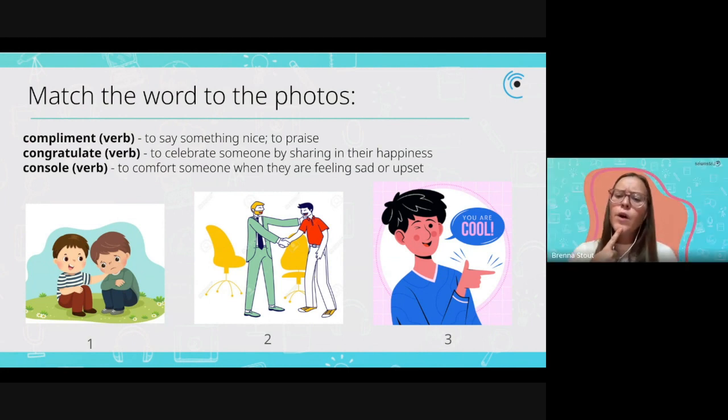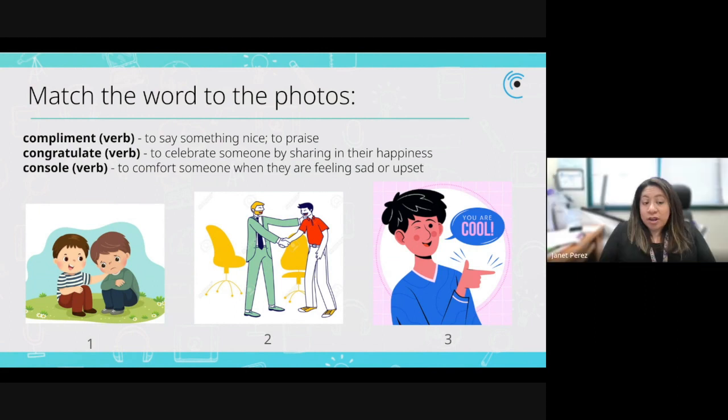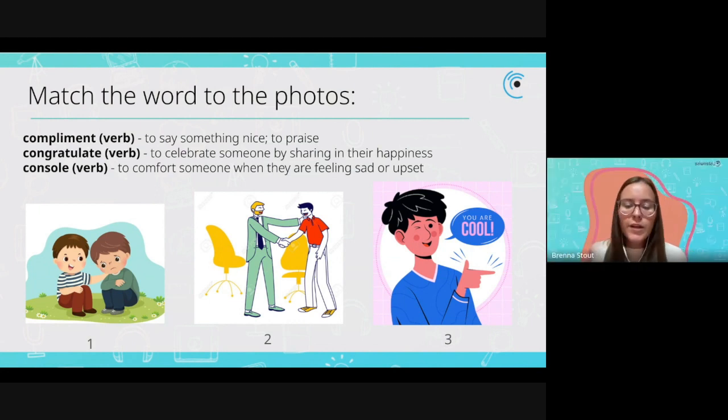But how do you know that they're consoling? What are they doing? Well, one of the children in the picture looks kind of sad. Mm-hmm. And the other person seems to be consoling them by putting their hand on their back. Now, in both picture number 1 and picture number 2, they're patting them on the back. How do you know that one is congratulate and the other one is console?